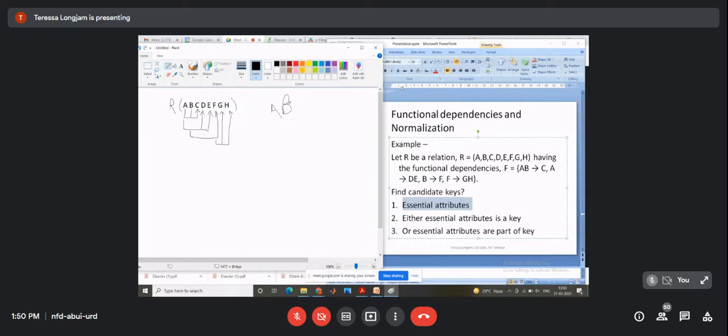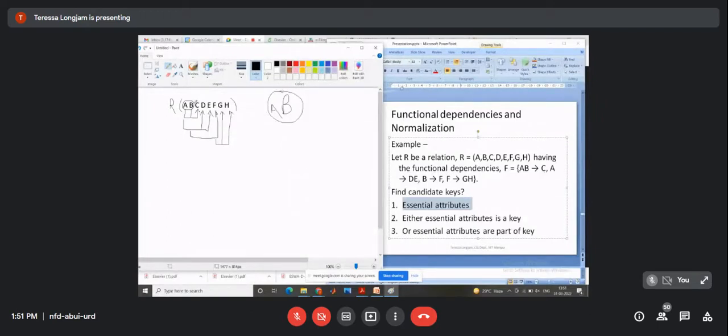What does it mean? It means AB cannot be determined from any of the attributes. By using AB, you can determine many other attributes, but you can't determine the value of AB from any of the given attributes, because there is no such functional dependency where you can determine AB from any of the other remaining attributes. So AB is the essential attribute.